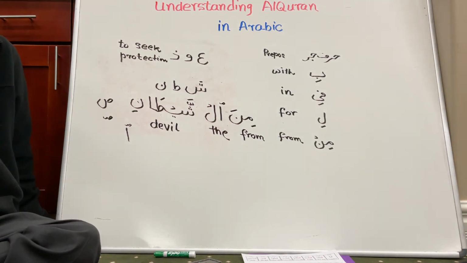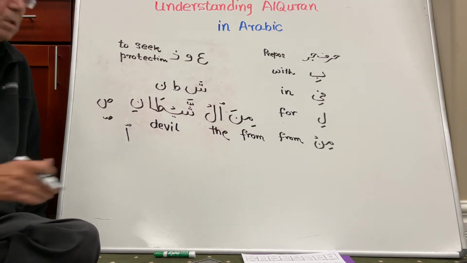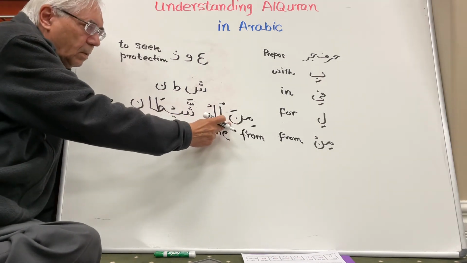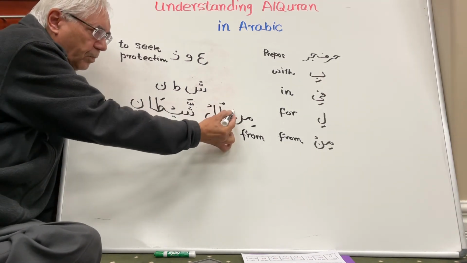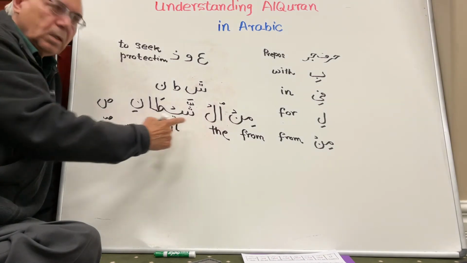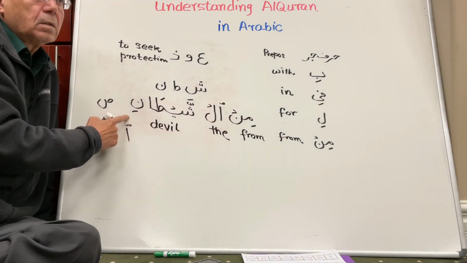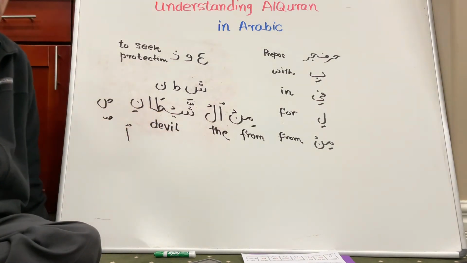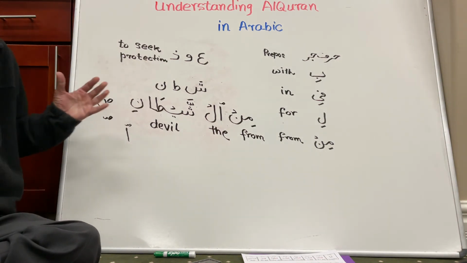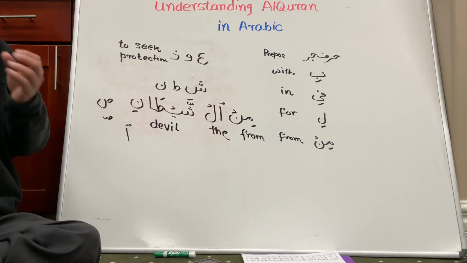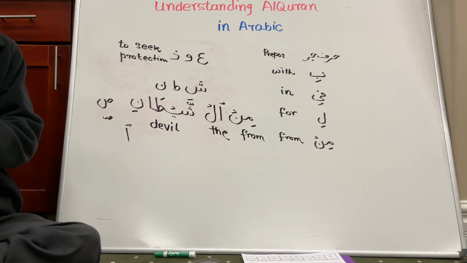The meaning will not change. For teaching purposes, you can tell the child min al shaitani, from the shaitan. The meaning is there. It is the tajweed and beautification of the pronunciation.